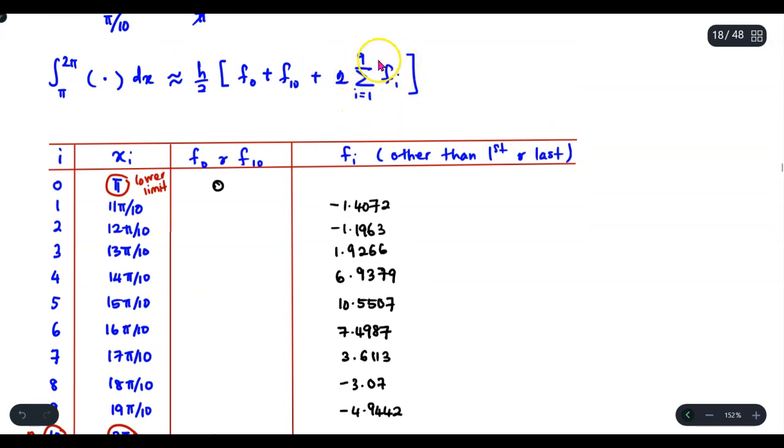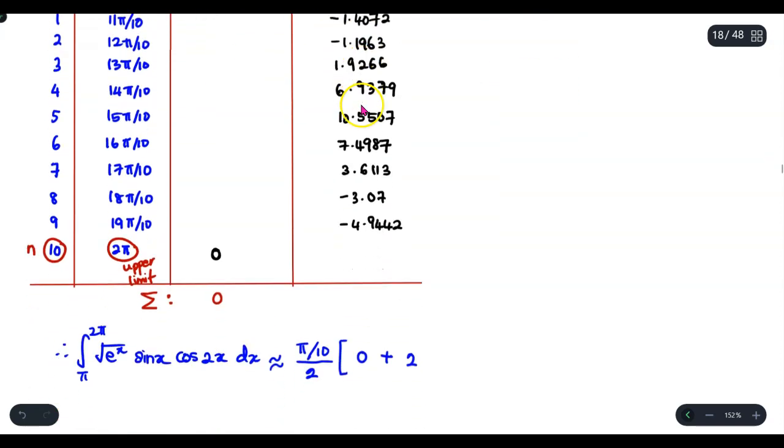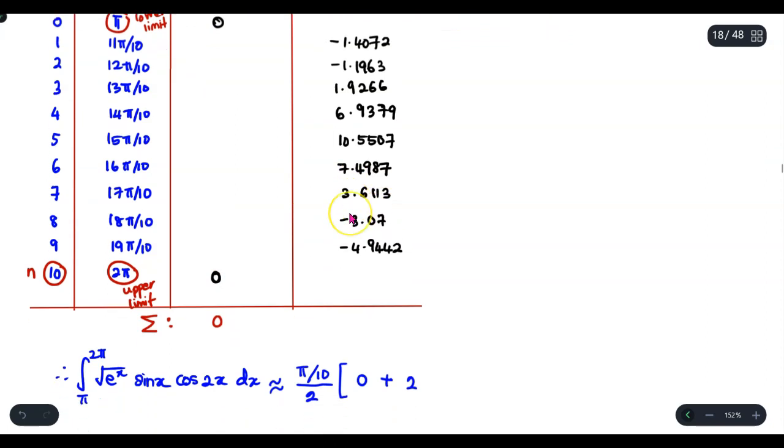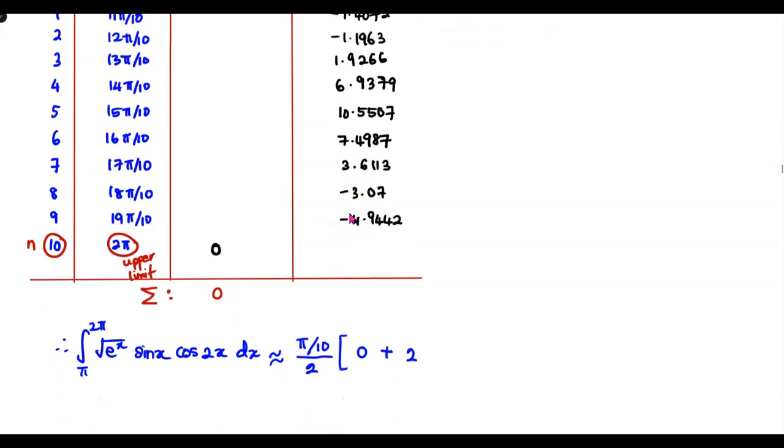The summation of fi here refers to the summation of this column here. That's why I suggest to separate your f into 2 columns: the first one is for the first and the last, and the next column is for the remaining. The same thing, you find the summation of this column here.